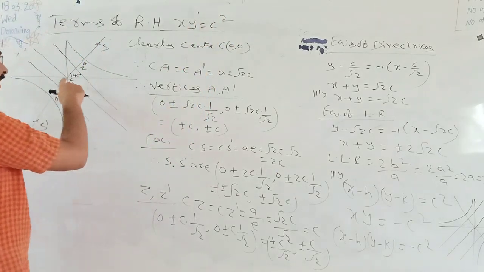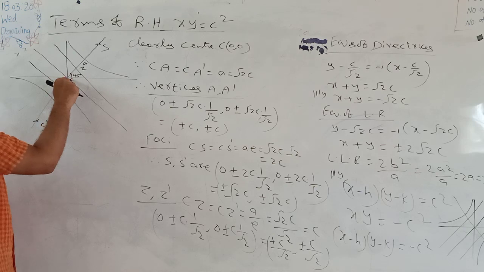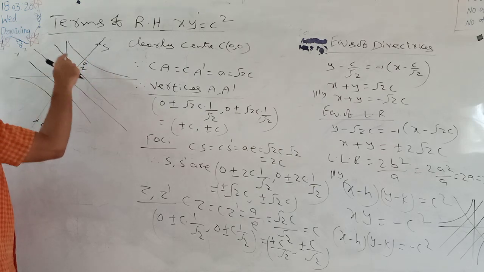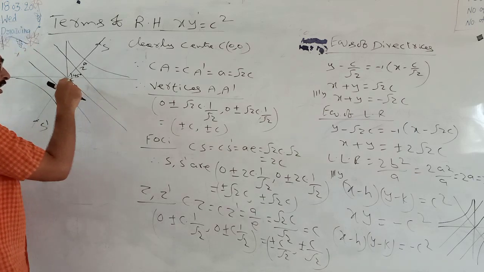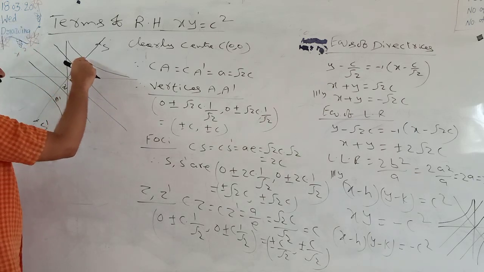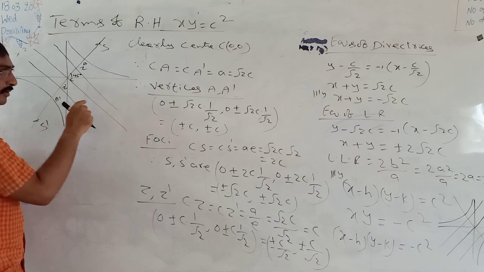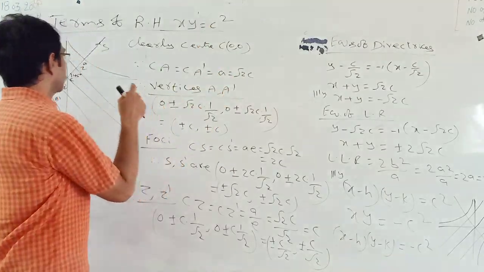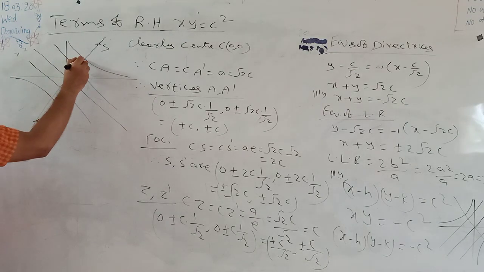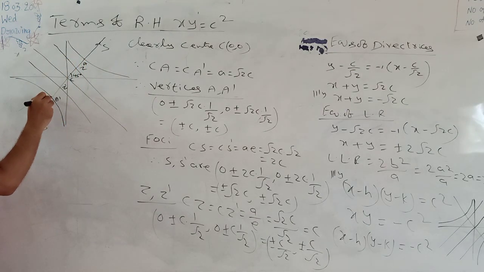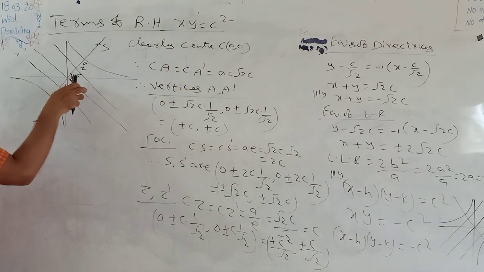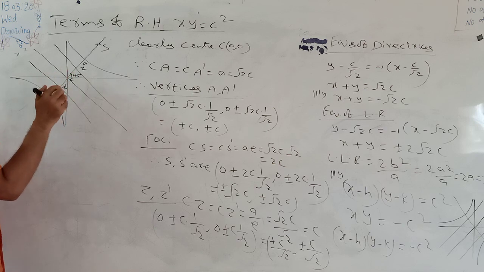Clearly, the center of xy equals c squared is the origin, the point of intersection of the x-axis and y-axis. All of you know CA equals CA dash equals a, but here a is root 2 c. Therefore, in this figure, vertices A and A dash are at a distance of root 2 c from the origin in the direction having inclination 45 degrees.